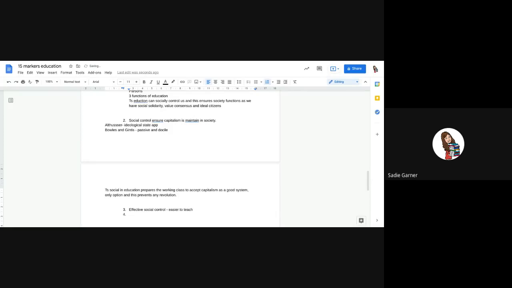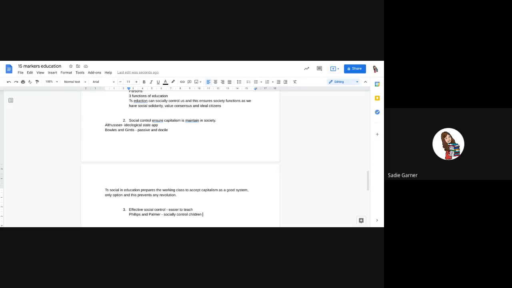So for example, here, you could do Phillips and Palmer. Middle class and more child-centered and can socially control children. So yeah, Phillips and Palmer can effectively socially control children.